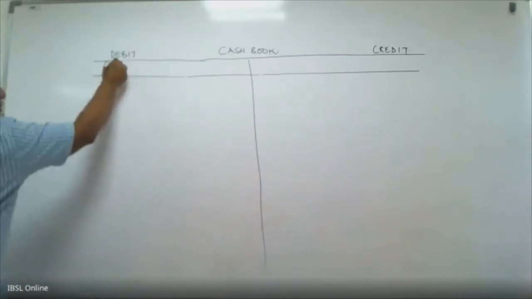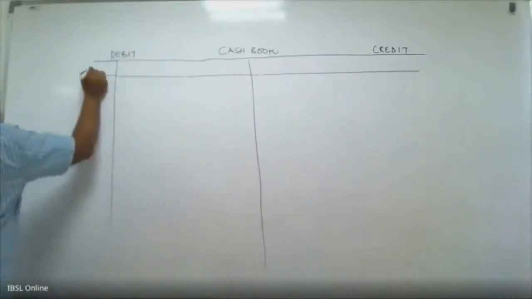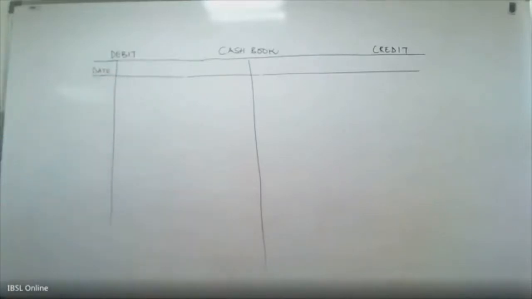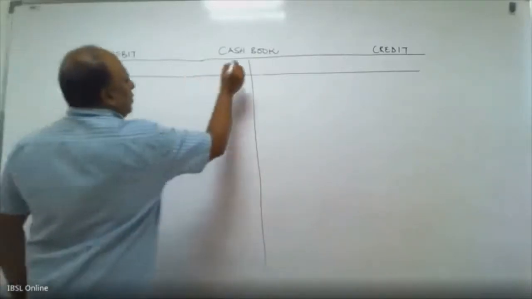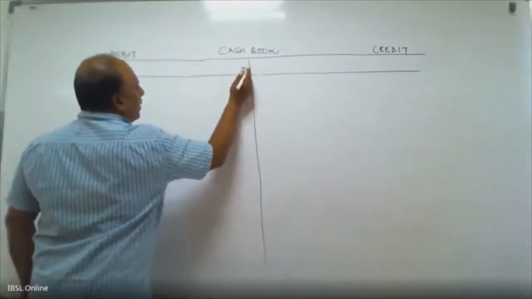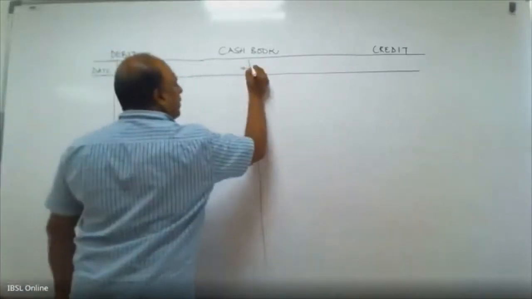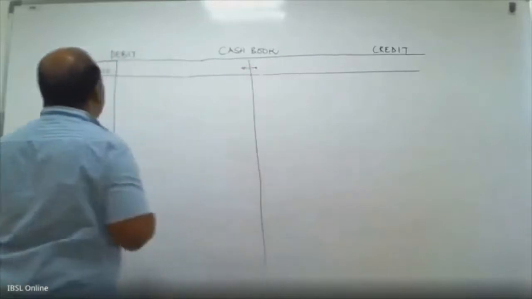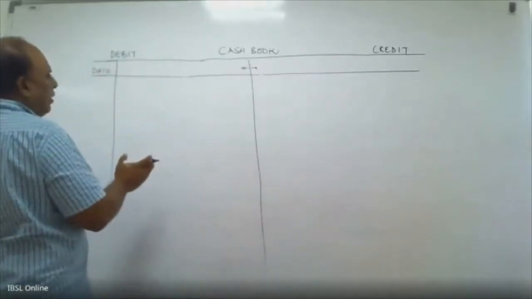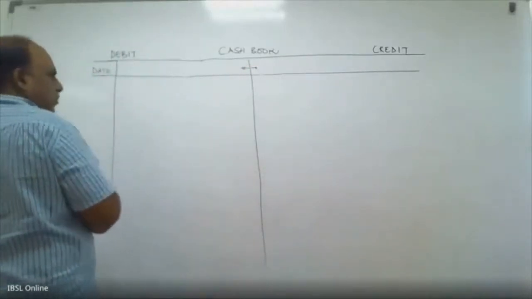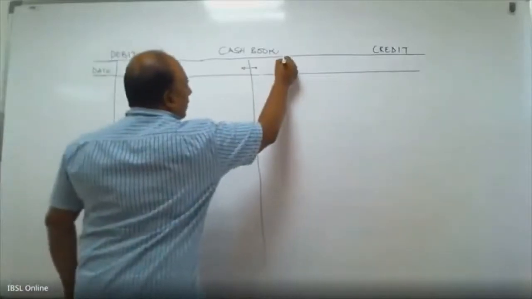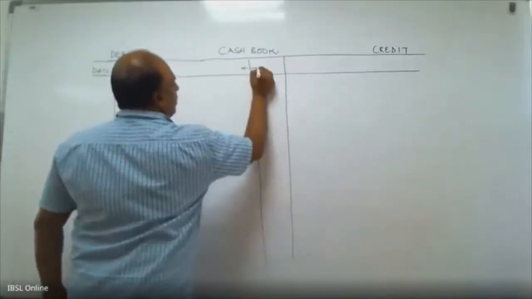So the first column that we are talking about is the date, because cash inflows and outflows are recorded in the books and those are very important. All debits you will record from this side, all credits you will record from this side.